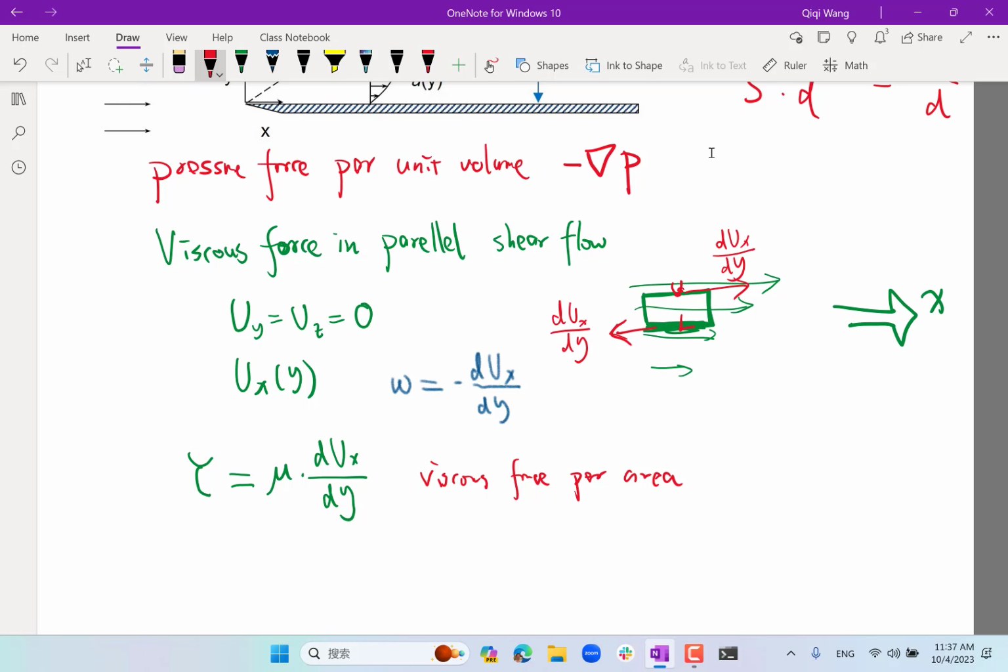If you have a face that's facing up or facing down, any pressure force would point up or down. But viscous force works in the perpendicular direction. It is working in the direction that's parallel to these surfaces. All right. Okay.